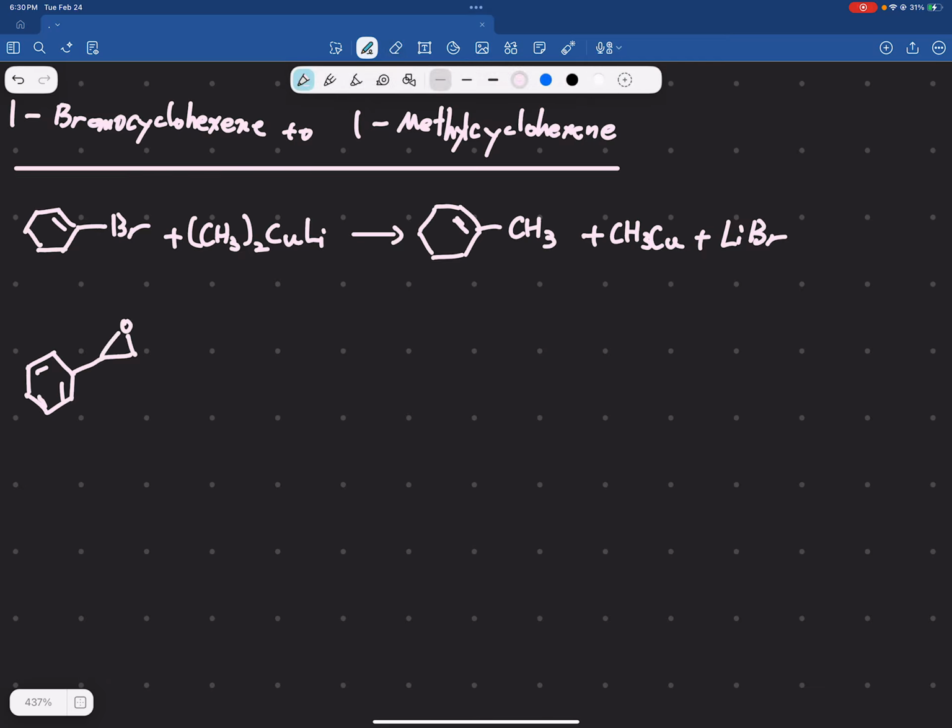This is styrene oxide with an organolithium compound, a diorganocopper lithium, a Gilman reagent, with a double bond, something like this.